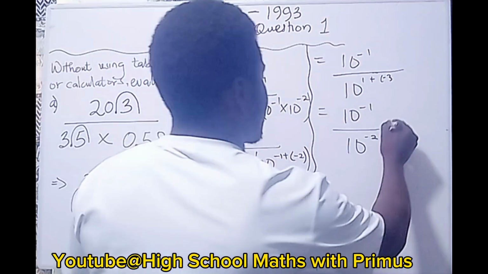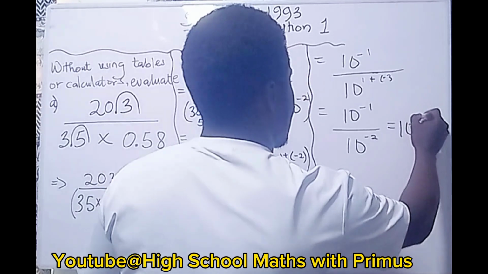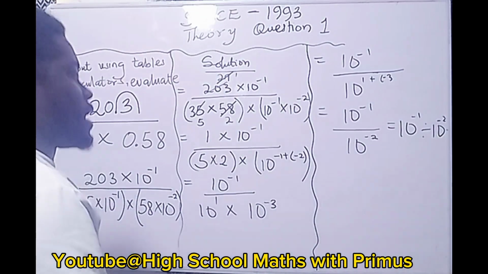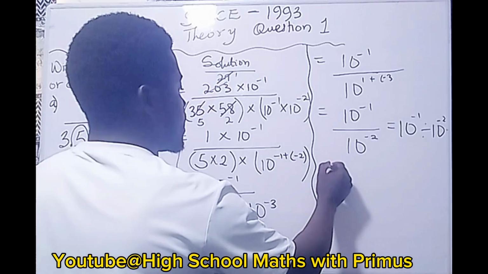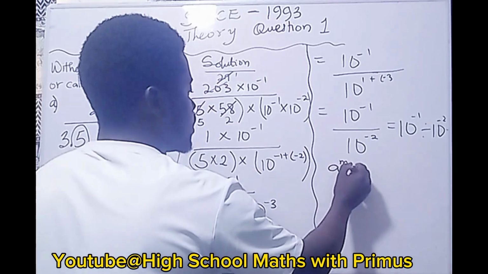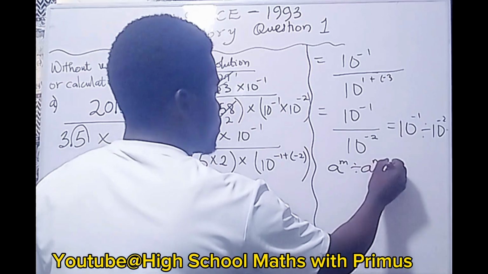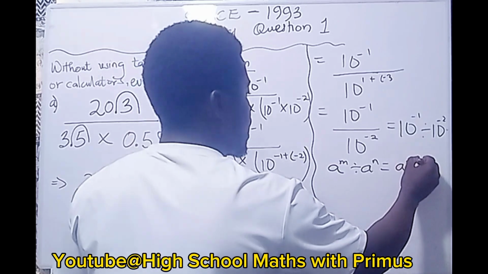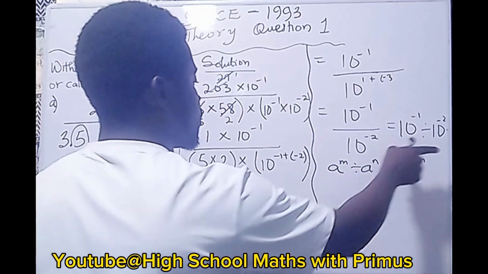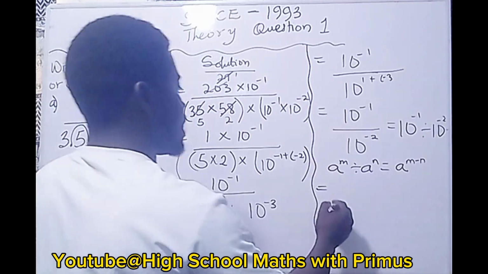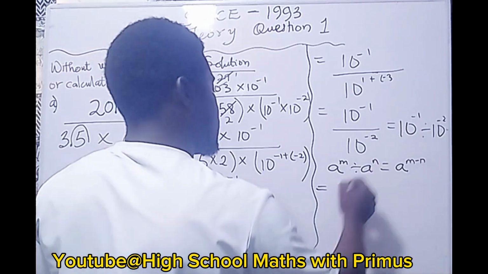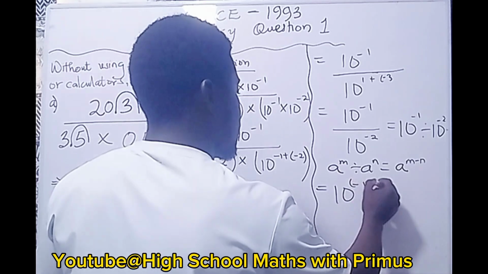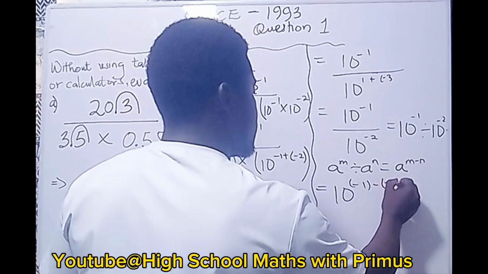Now this is the same as having 10 to the power negative 1 divided by 10 to the power negative 2. According to the indices, when a to the power m is being divided by a to the power n, we write one of the bases and we subtract their exponents. So when they are dividing, we subtract the exponents. It's the same as having 10 to the power negative 1 minus another negative 2.